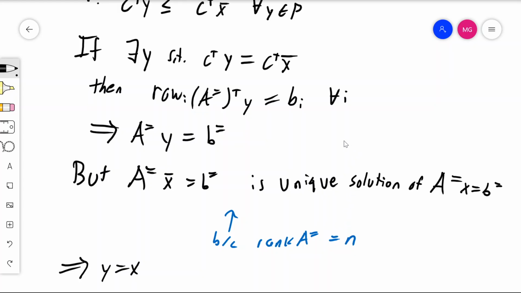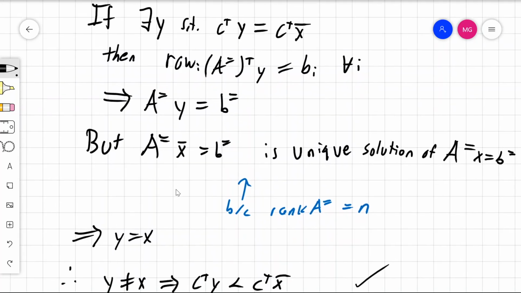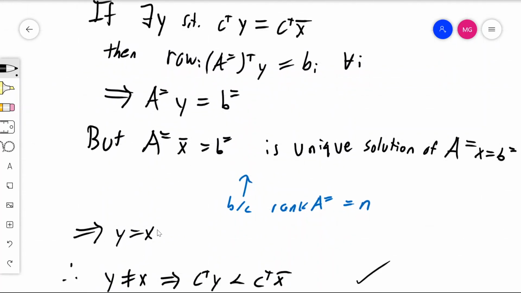That's what we're assuming. Since we're assuming that x bar is extreme, then we know that the matrix of tight constraints has full column rank. So that in turn means that the unique solution to this equation is x bar, but we just said that y is also a solution.